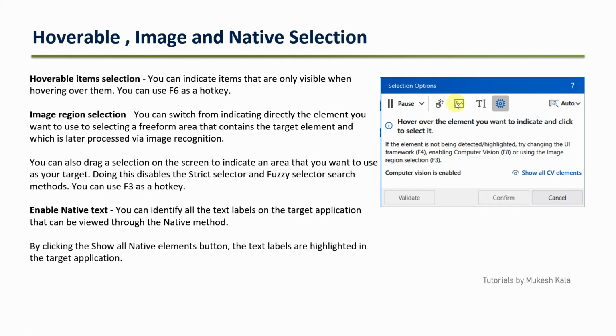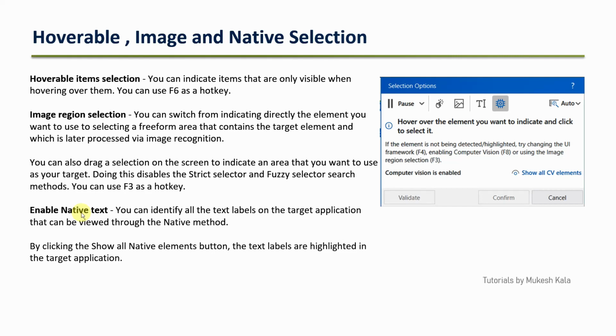See, this window is small, but it has a lot of features. There is one other option here, which is called enable native text, which simply means that we can identify all the text on this target application that can be viewed through the native methods, right?